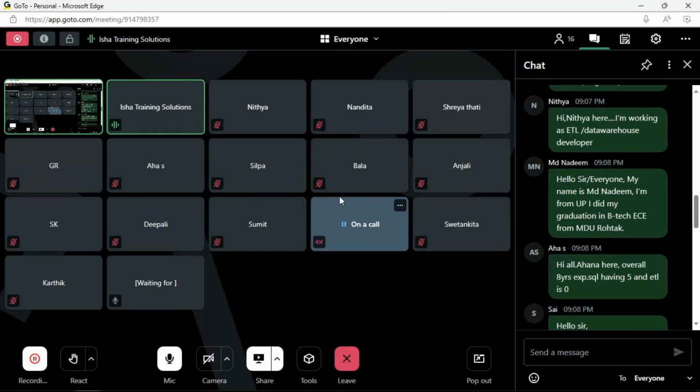I'm not saying automation is a bad career, but as an automation tester, you will have to come across plenty of technologies and plenty of tools, right? So I would say automation testing is a bit trickier than ETL testing. So ETL testing is the best if you want to be in a testing career.